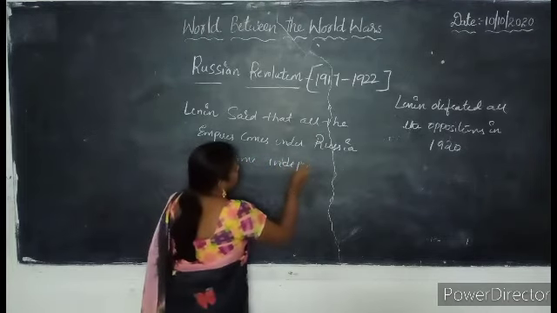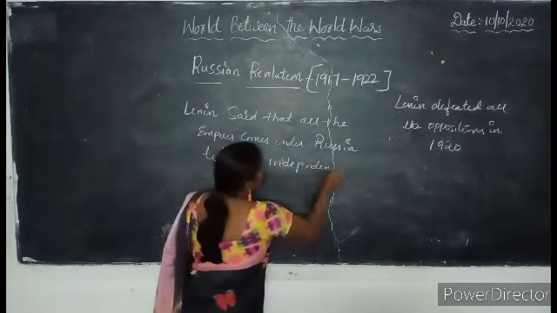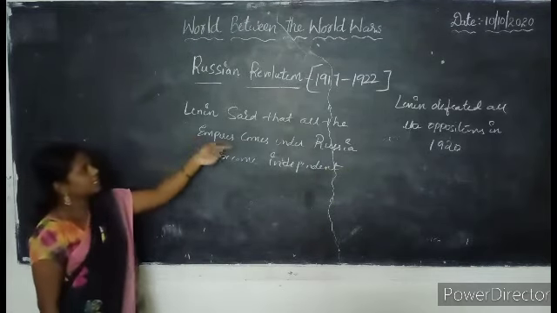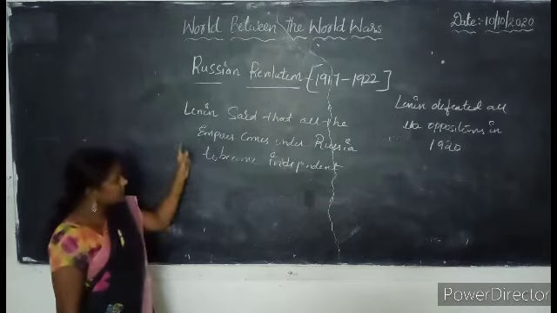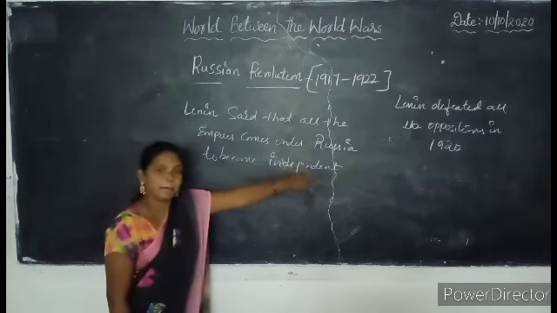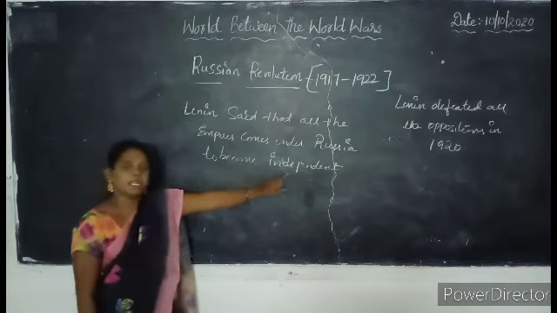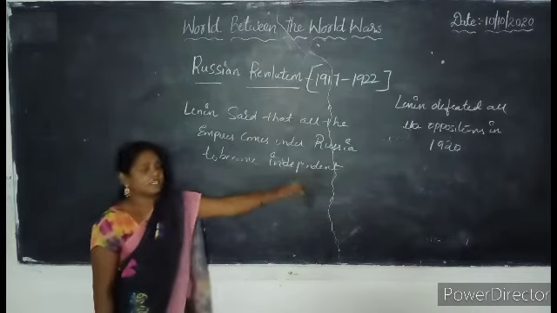What did he say? Lenin said that all the empires which come under the Russian Empire can divide and form independent countries or independent nations.